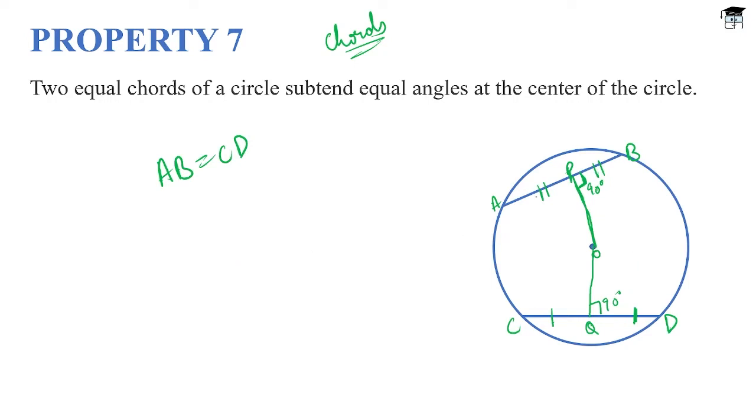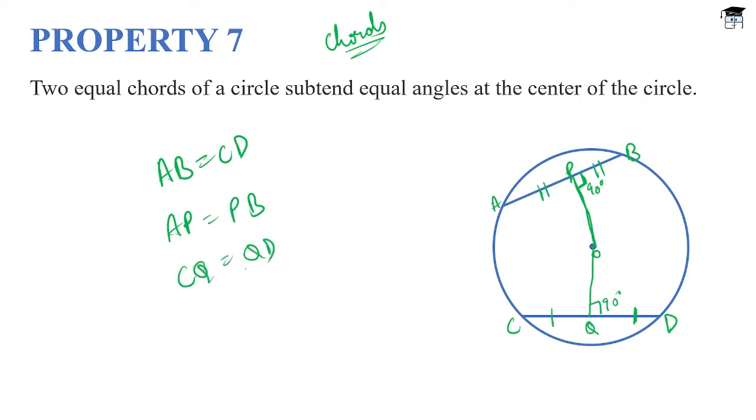And we just said that if I drop two perpendiculars from point O, OP and OQ, this will bisect AB and CD, which means that AP is equal to PB and CQ is equal to QD.